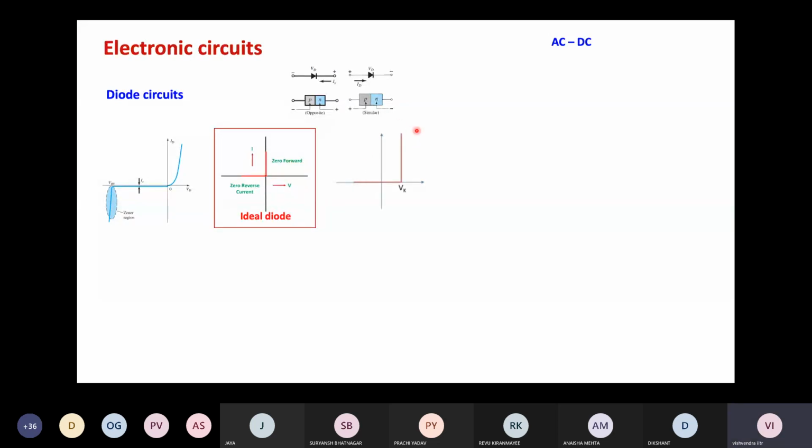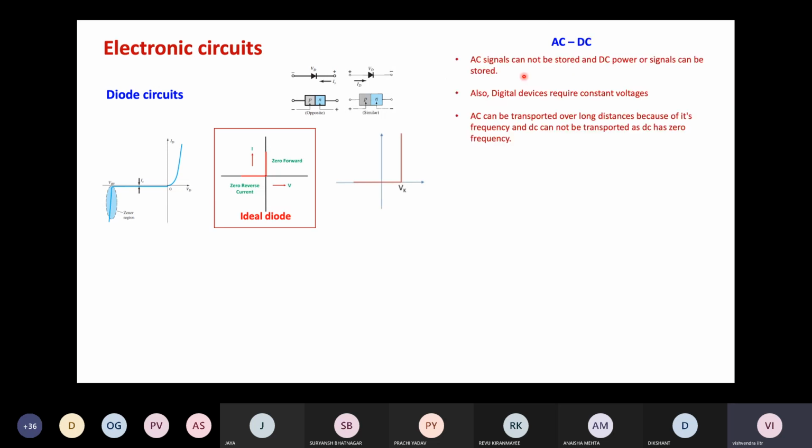More realistically, this is how the diode should be represented: above the cut-in voltage, the diode behaves like a short circuit, and below the cut-in voltage, the diode is like an open circuit. And as all of us know by now, one of the most important applications of the diode is AC to DC conversion, which is used at many places.